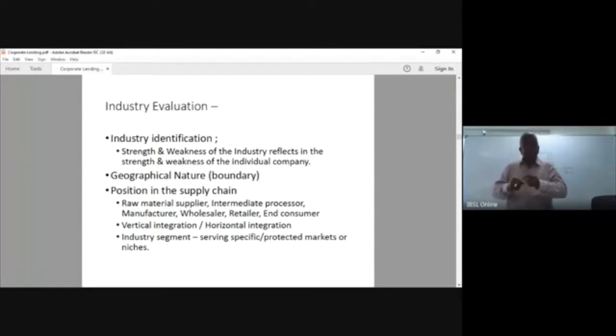The best company will have a better market share and a better profit, so it is in a better position to pay its facilities. The weakest company has a very small market share. It makes a small profit or sometimes a loss, and because of that it won't be able to pay its loans.